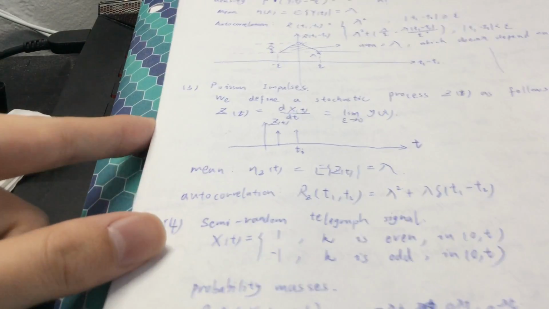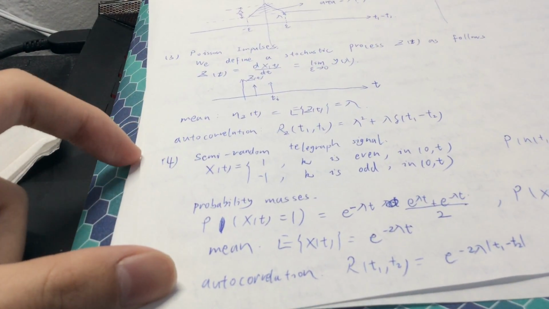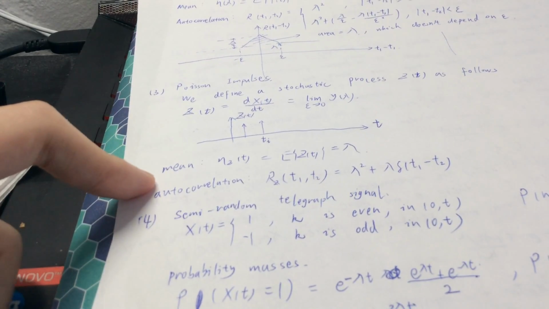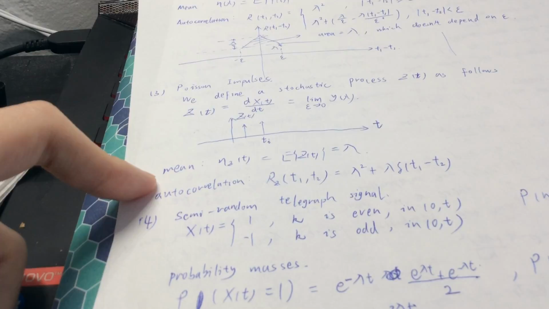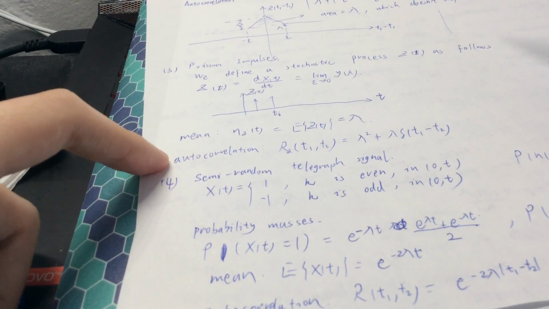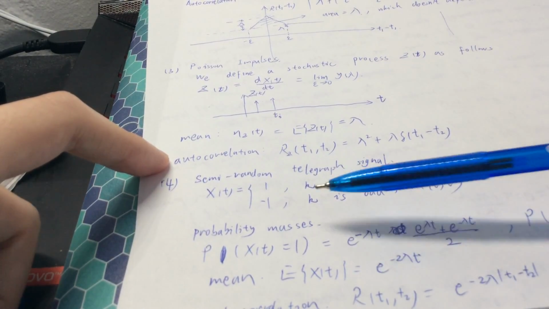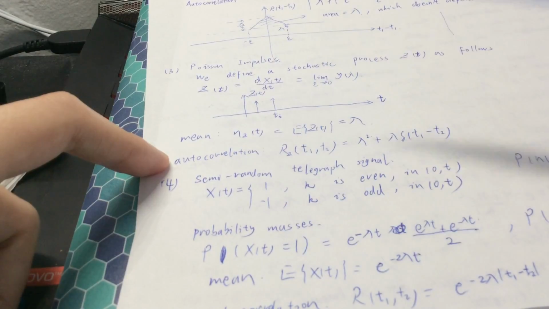And then we consider the fourth part, the semi-random telegraph signal. This is the definition. When k is even it is equal to 1, and when k is odd it is equal to minus 1.